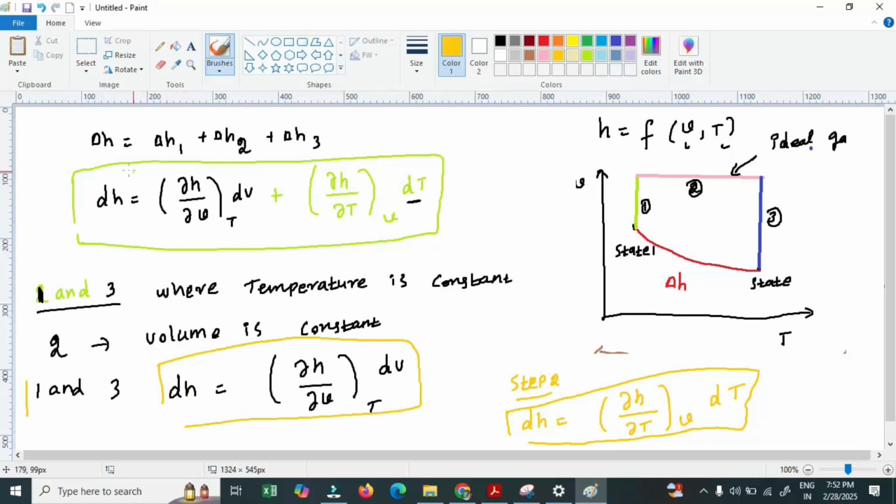Step 3. Okay. Now, let me calculate. As we know, we'll be writing the step del H equal to del H step number 1 plus del H 2 plus del H 3.